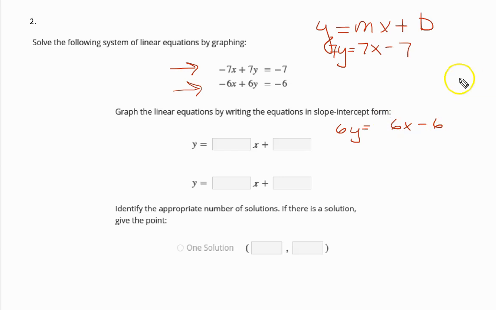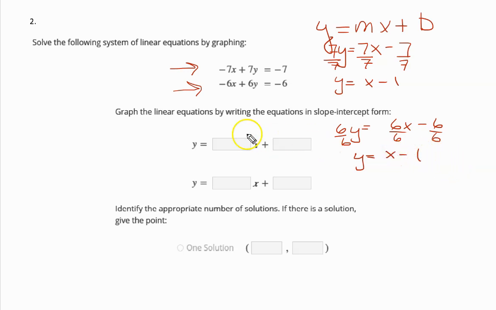Well, we divide each term by the numerical coefficient of y, and we get y equals x minus 1. Here we're going to divide each term in the equation by 6. And look, we get y equals x minus 1.